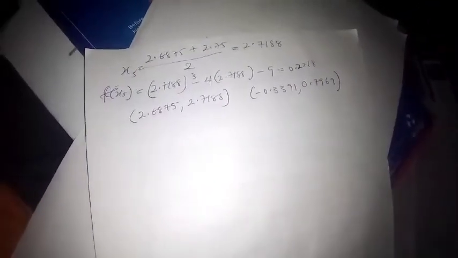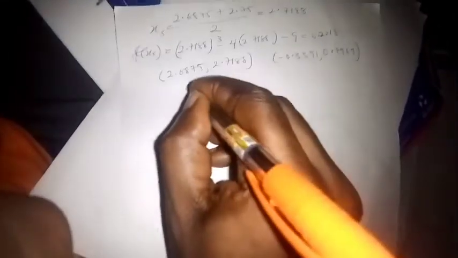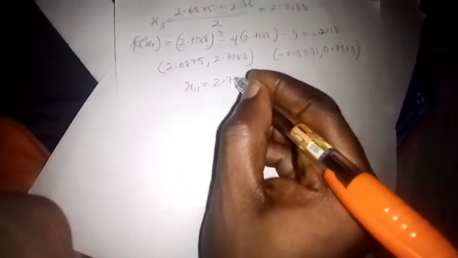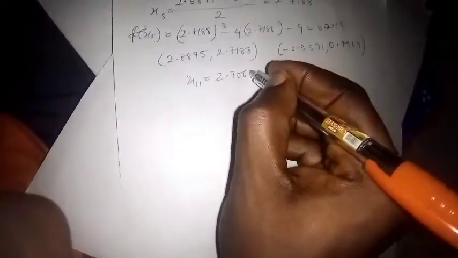If you continue repeating this same step, at the point of x11 we will have 2.70654, and x12 will be 2.7064. So now let's go back to the question.